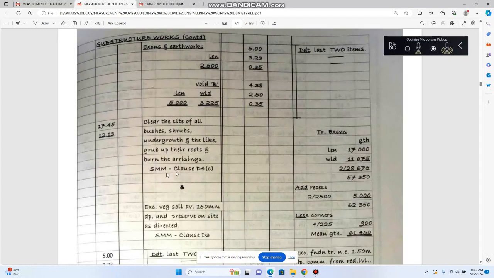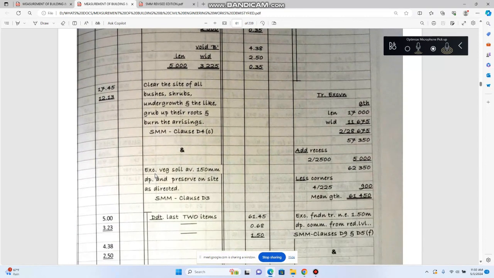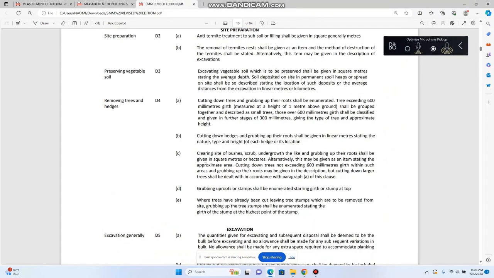These notes here are to guide you. It's written SMM clause D4 part C. It's even specific here: clear the site of all bushes. Then the vegetable soil: excavate vegetable soil average 150 millimeters deep and preserve on site. This one, we will go back to the SMM where we have the vegetable soil.